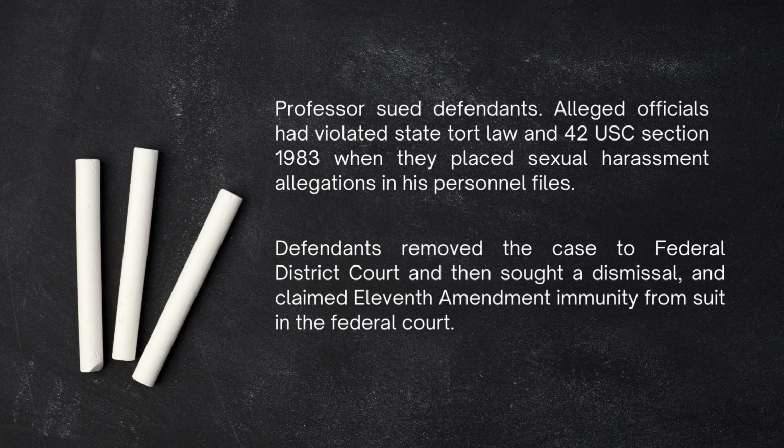Professor Lapides sued in Georgia State Court, but the defendants removed the case to the federal district court, and after having done so, they sought a dismissal and claimed 11th Amendment immunity from suit in the federal court.